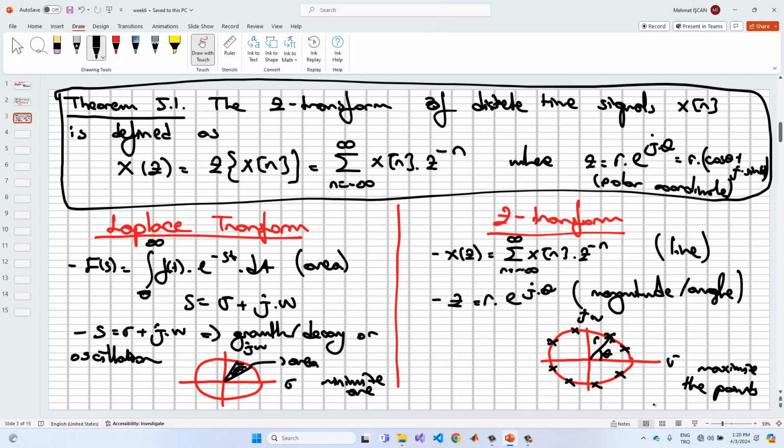And so in some cases this is an advantage, okay? But in some cases we don't have the advantage.